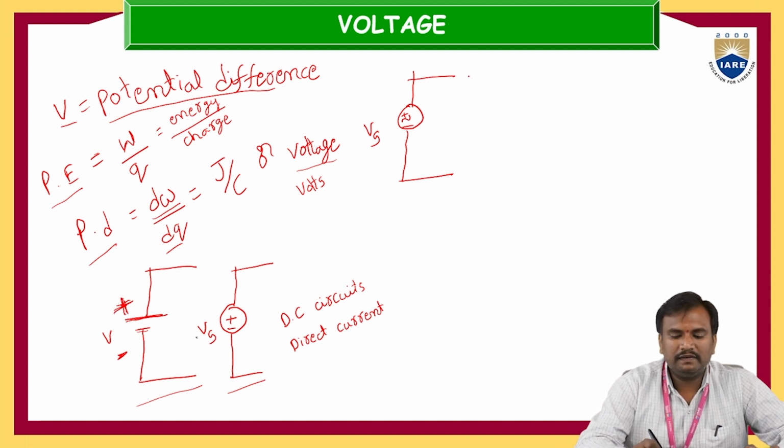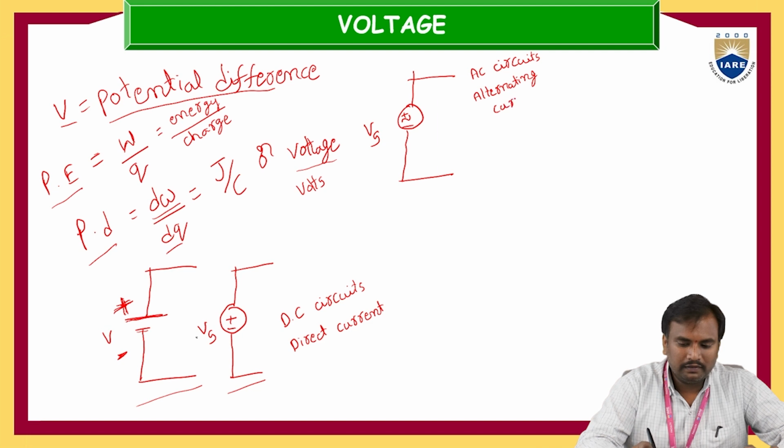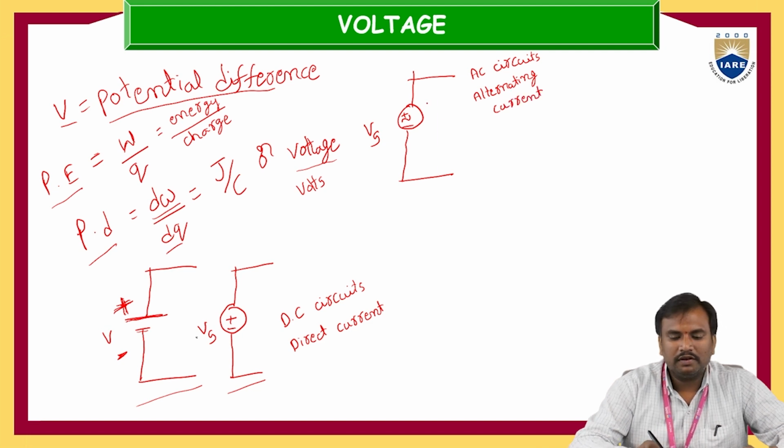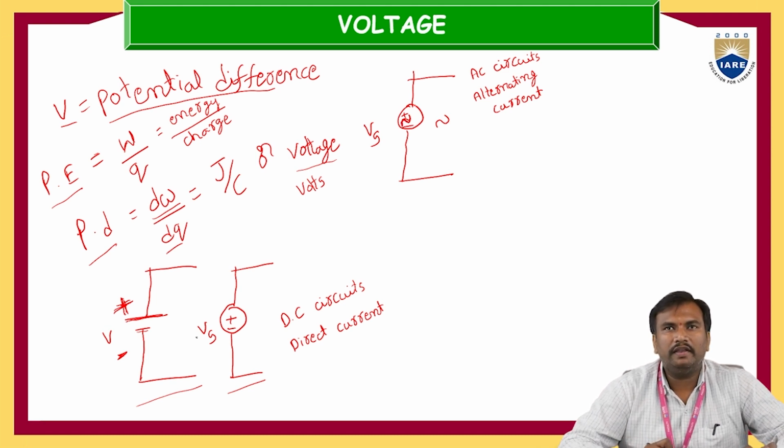Whereas for AC, alternating current circuits, it is the same voltage, a circle with plus and minus with an alternating quantity, that is a sine function drawn in between the positive and negative. That is nothing but a voltage in AC circuits.